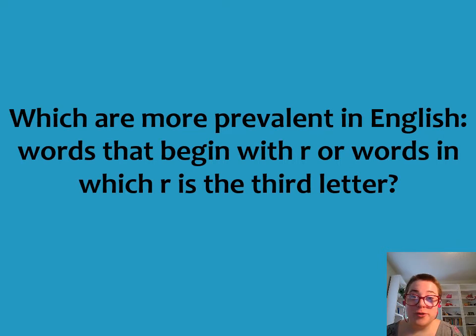Okay, so the first question I ask you on the activity is which words are more prevalent or more common? Words that begin with R or words in which R is the third letter?